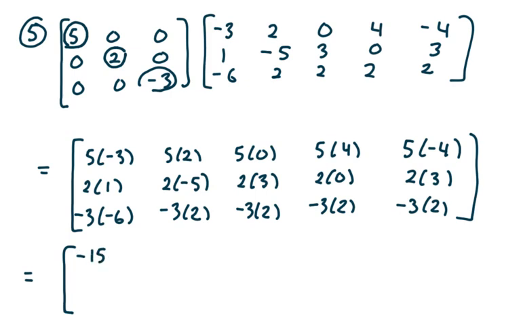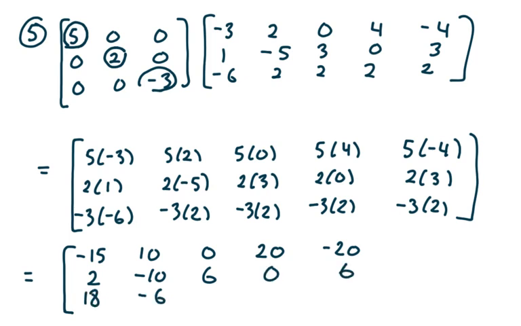We get negative 15, 10, 0, 20, negative 20, 2, negative 10, 6, 0, 6, and then 18, negative 6, negative 6, negative 6, negative 6. And that's how we do 5. Let's take a look at problem number 7.